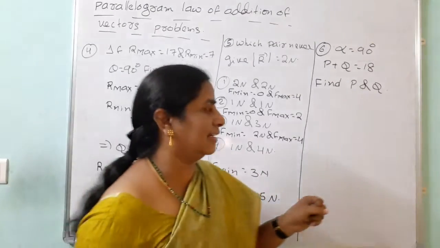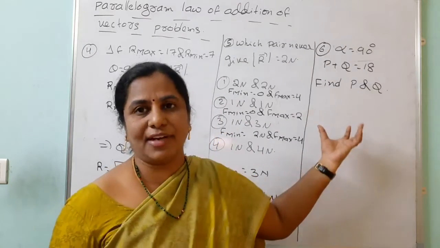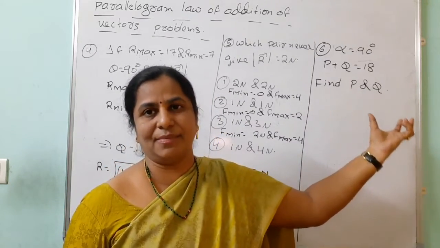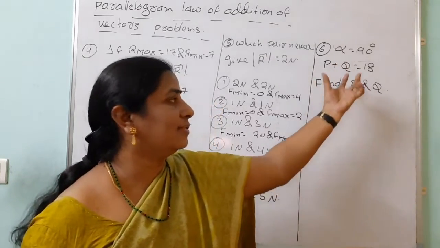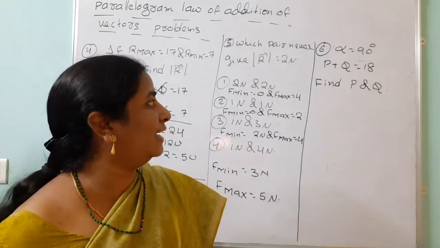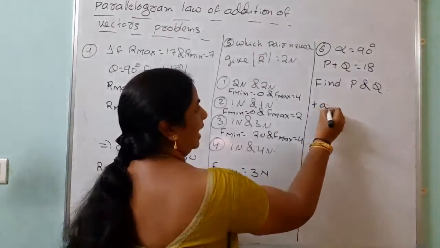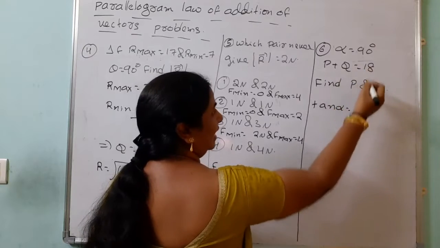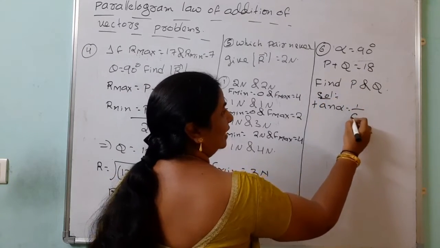Then come to our next problem. In the problem they have given that the resultant is making an angle of alpha equals 90 degrees with one vector. Find P and Q. Look here. We know that tan alpha equals, tan 90 degrees is how much? Infinity. Infinity we should write as 1 by 0.